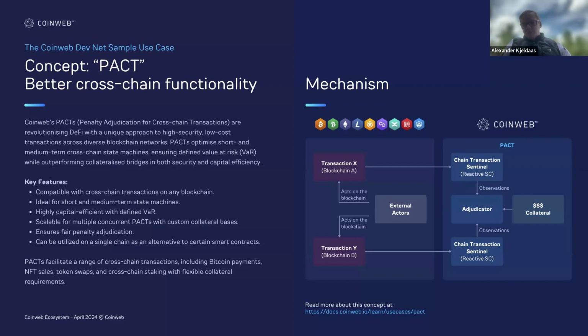And attached to the adjudicator in the pact concept, there is collateral. It's typically set up by the one that wants to be, let's say in a swap, the market maker, or the one that does not want to take the initial step.